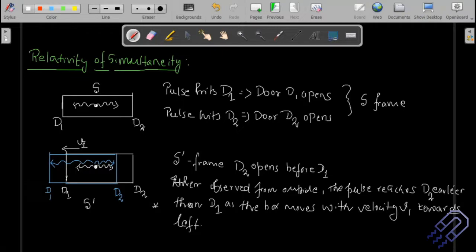I think this is okay to explain, and if you understand it, it's very simple. Hence D2 will open before D1. So this is very important.